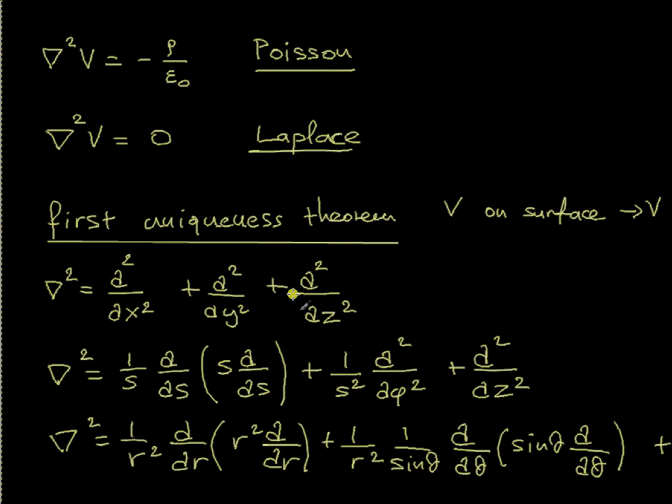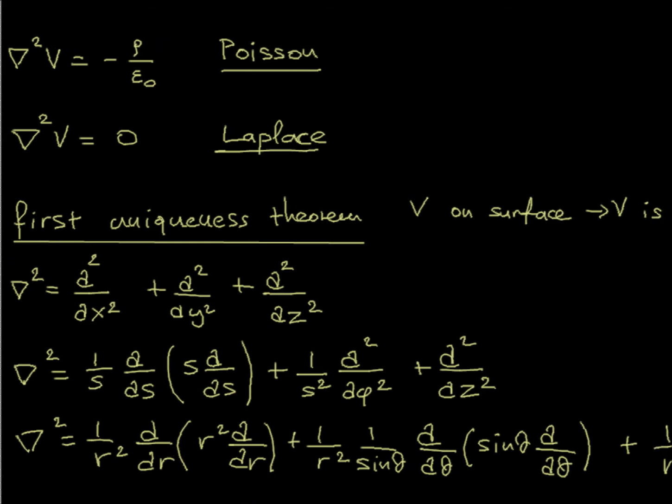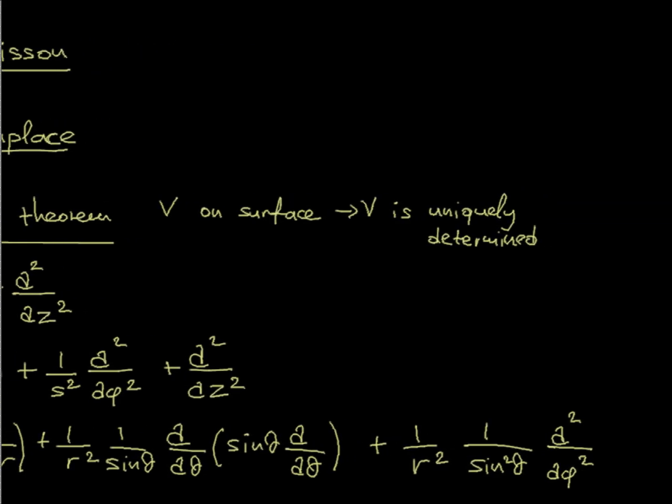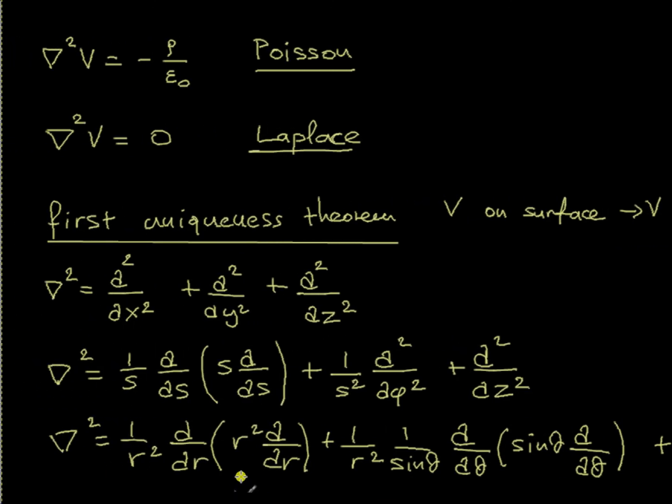In the Cartesian coordinate system, you have the second partial derivative with respect to x plus the second partial derivative with respect to y, and the same thing in z. In the cylindrical coordinate system, you have something a little bit more complicated. And in the spherical coordinate system, you have something even more complicated. It actually doesn't even fit here. So the entire Laplacian goes all the way to here.